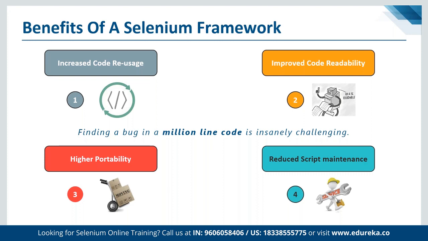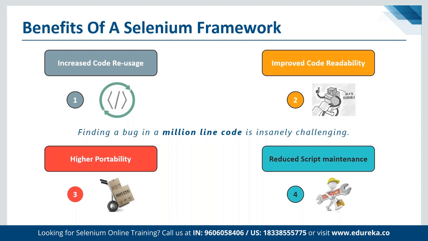If I use the code readability or reusability concept in the right way, I may not even have to do that in 5 different places. I will do it in only one place, and I will make sure that it impacts all 5 other places where it is referred. So it's kind of a reference process.